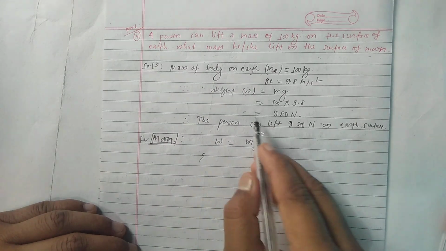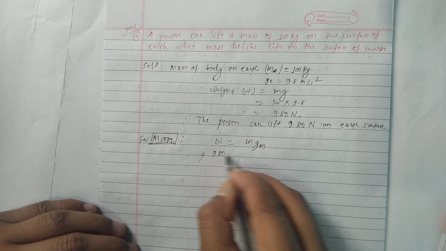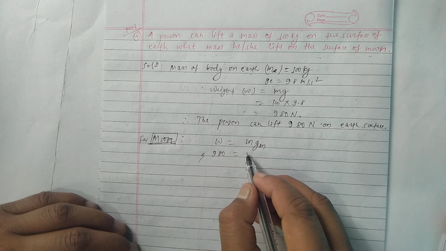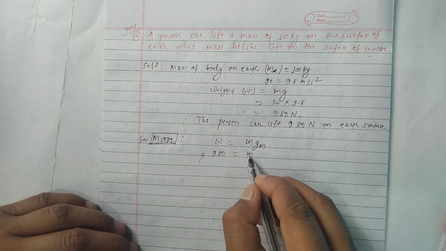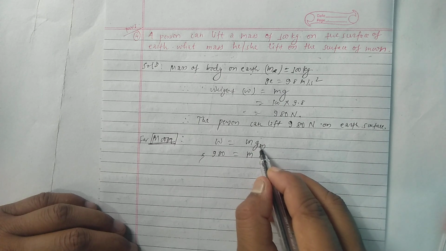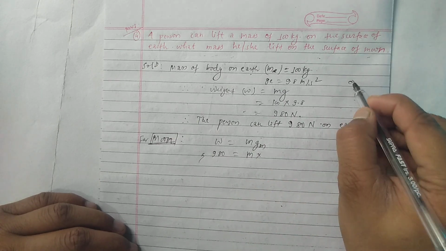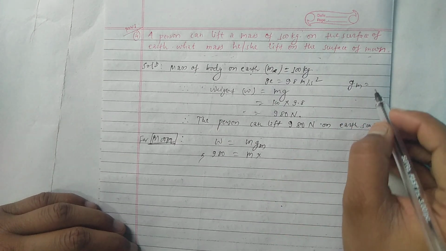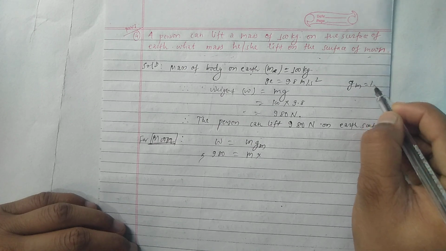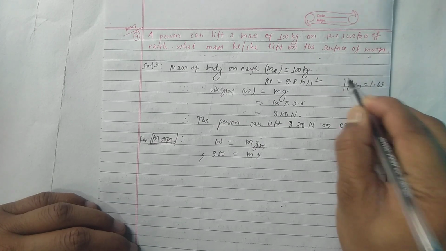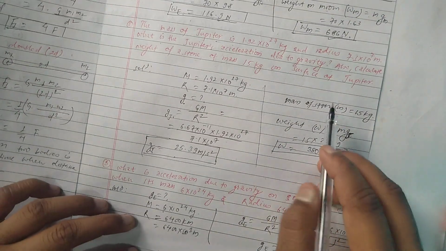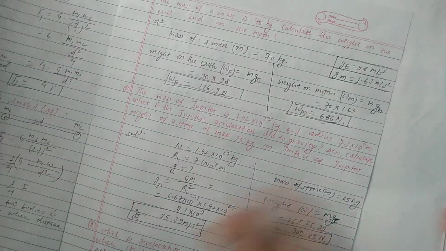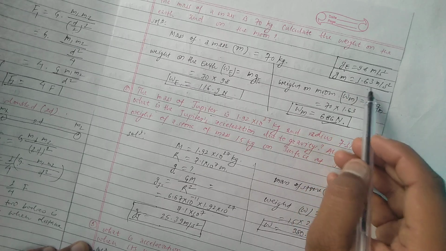So weight we have already calculated, 980 equal to m times g of the moon. The value of g of the moon equal to 1.63. I have already shown you in the previous one. You can see here the value of g for earth equal to 9.8 and for the moon 1.63.